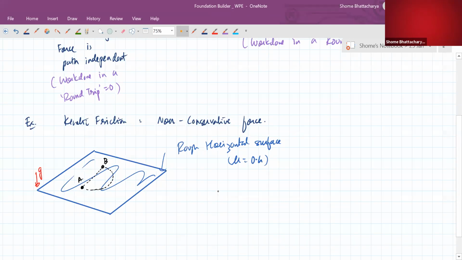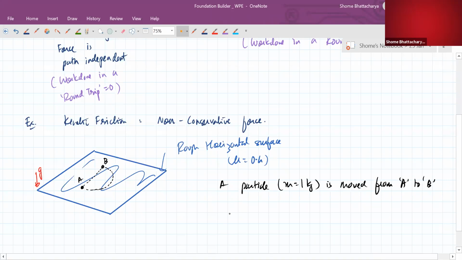Suppose a particle of mass 1 kg is moved from the point A to the point B on the horizontal surface by two different paths.